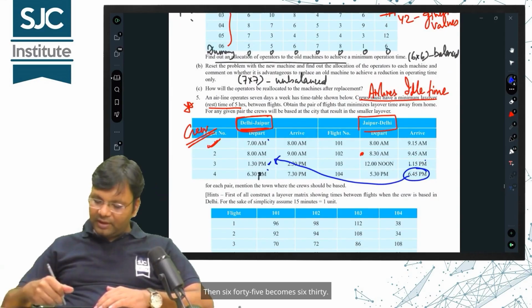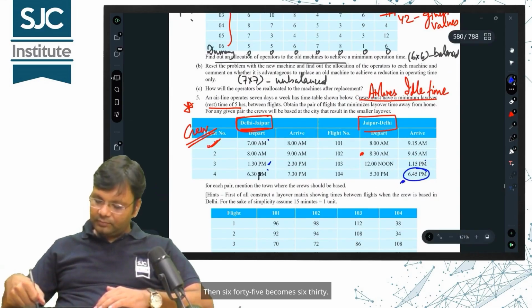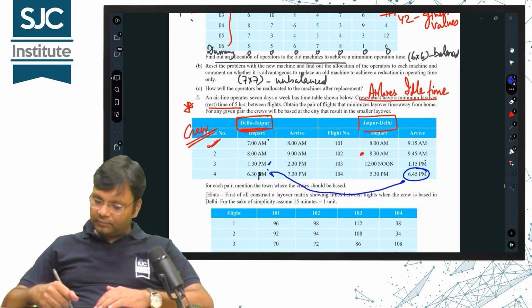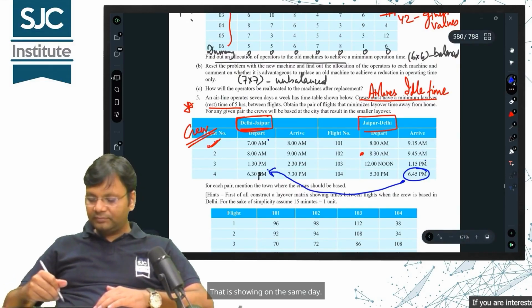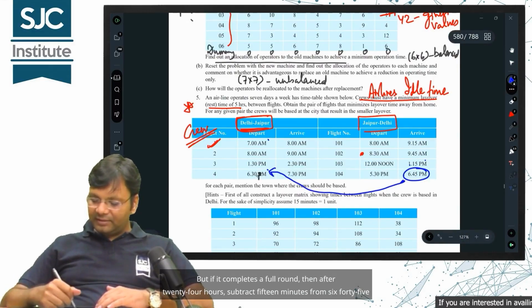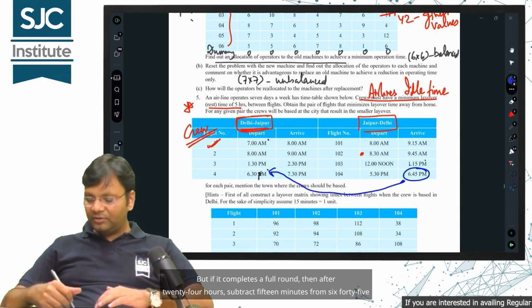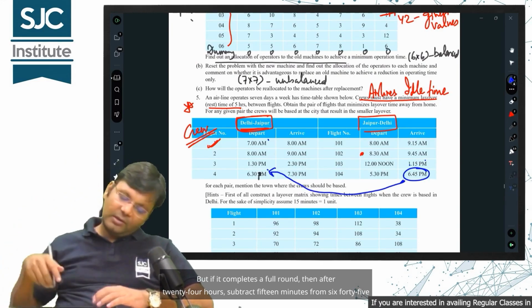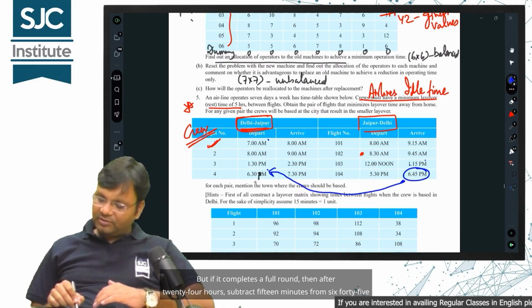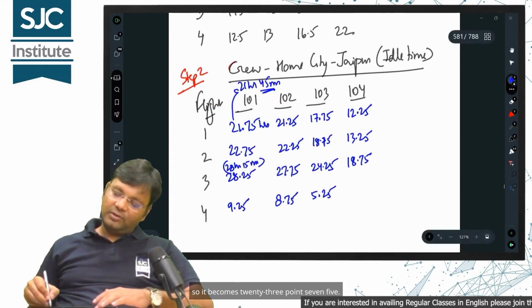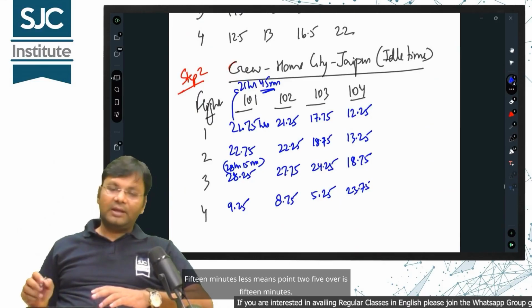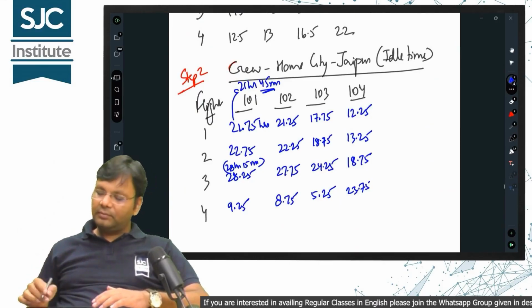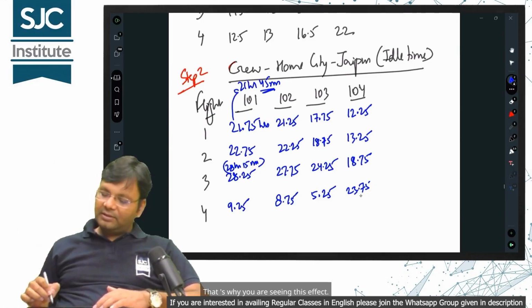Then 6:45 becomes 6:30. 6.5 of 6:45. That is showing on the same day. But if it completes a full round, then after 24 hours, subtract 15 minutes from 6:45, so it becomes 23.75. 15 minutes less means 0.25 over is 15 minutes. That's why you are seeing this effect.